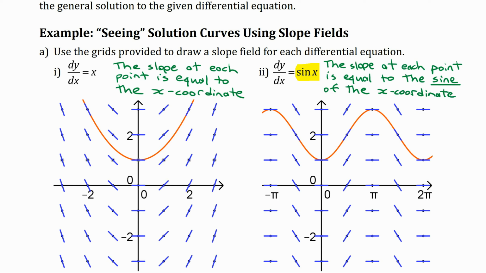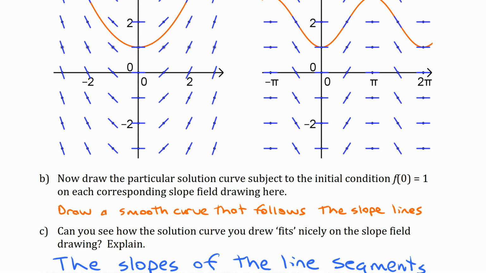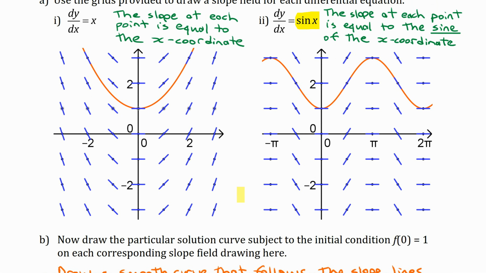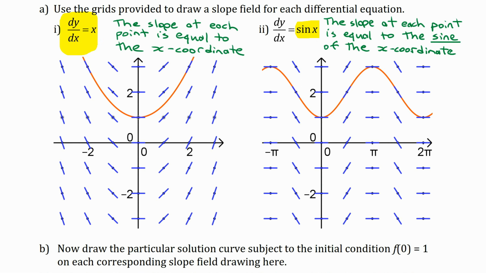Now you notice that I've got this orange curve here and here. Now what that is, what I have down here, is you can use the slope field to see what the curves might look like, right? The solutions, right? All we did is interpret this as what the slopes are going to be. But you can see from this, well, this sure looks like these start at 0 here and then they start to go more up right here. So you can tell the curves are going to be these upright parabolas like that.